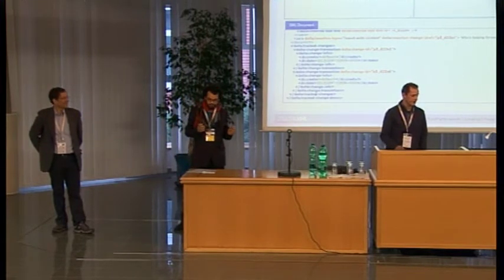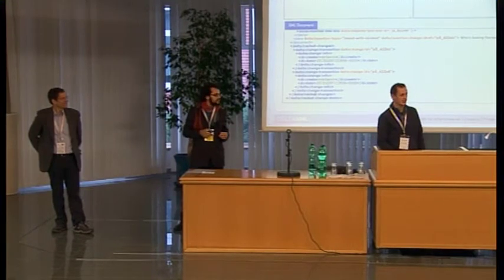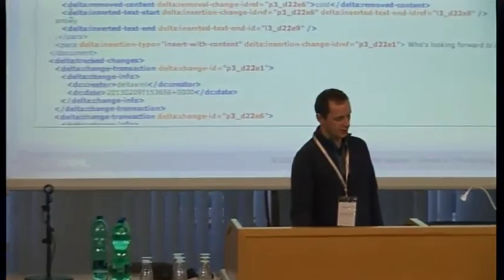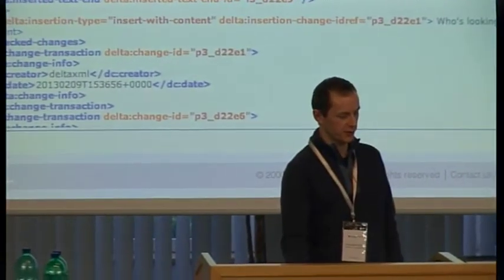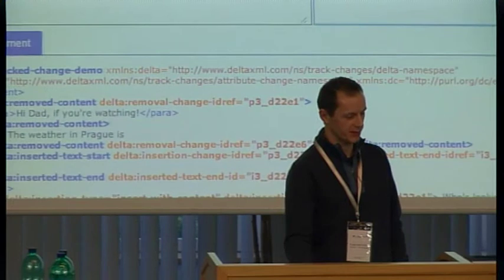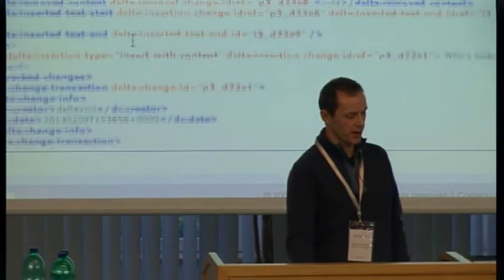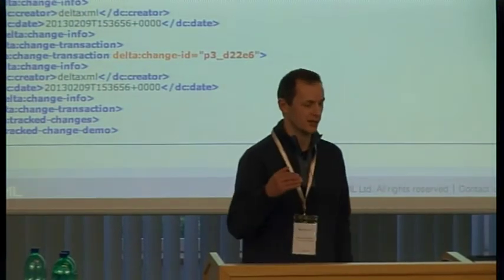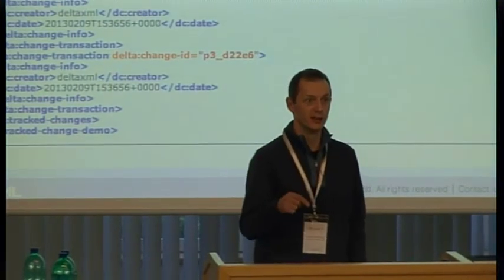Yeah, I mean, perhaps I wasn't clear when I talked about change transactions. If you see here, we've got this extra element that's been added. The two examples have the same root element, but we've wrapped that just for the sake of this example and inserted this track changes element, which lists the change transactions. There's all the information there that you need.